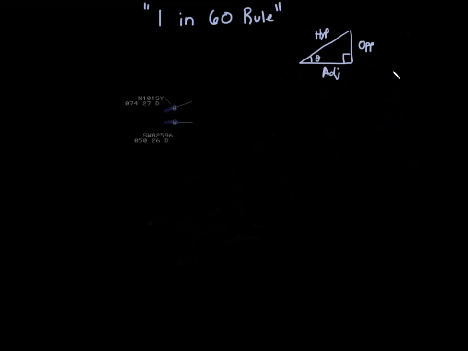So in trigonometry we have different ratios, and they have names. We have sine of theta, and there are several other ones, but we're just going to use this for an example. Sine of theta is equal to the opposite side over the hypotenuse, and for a certain angle theta the ratio will always be the same.